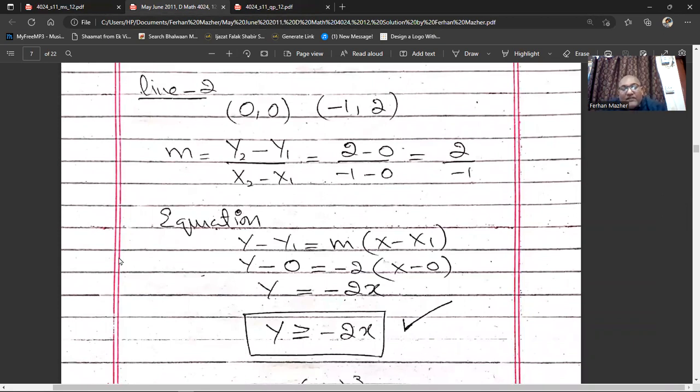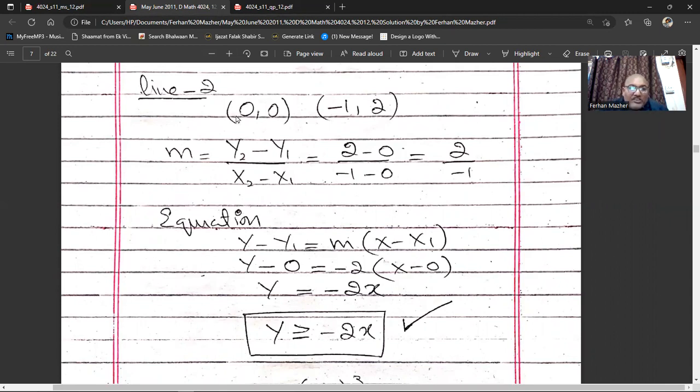From this, I will find the gradient, that is y2 minus y1 divided by x2 minus x1. So it will be 2 minus 0 divided by minus 1 minus 0, so 2 divided by minus 1. Now I want to find the equation of this line. The formula is y minus y1 equals m bracket x minus x1.